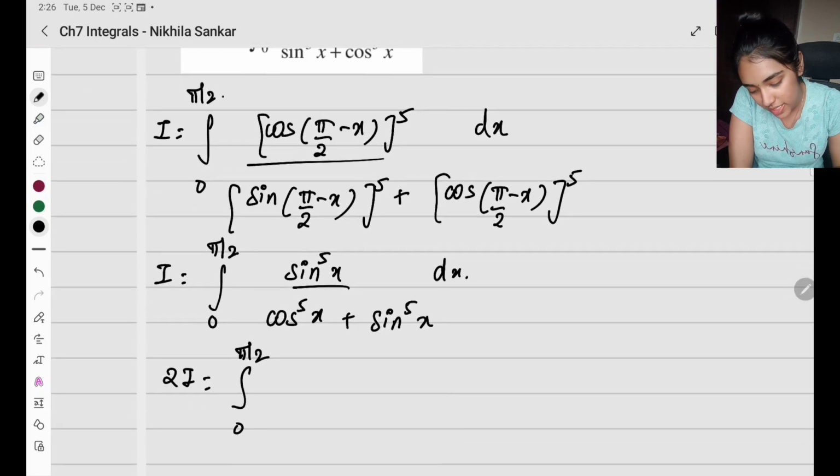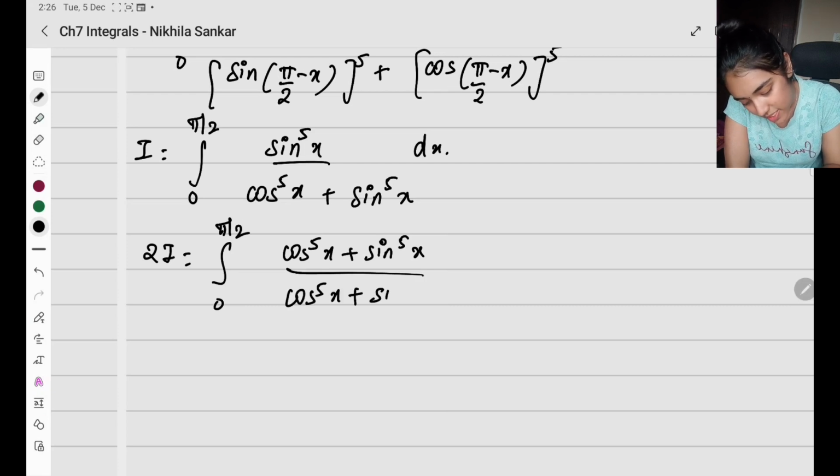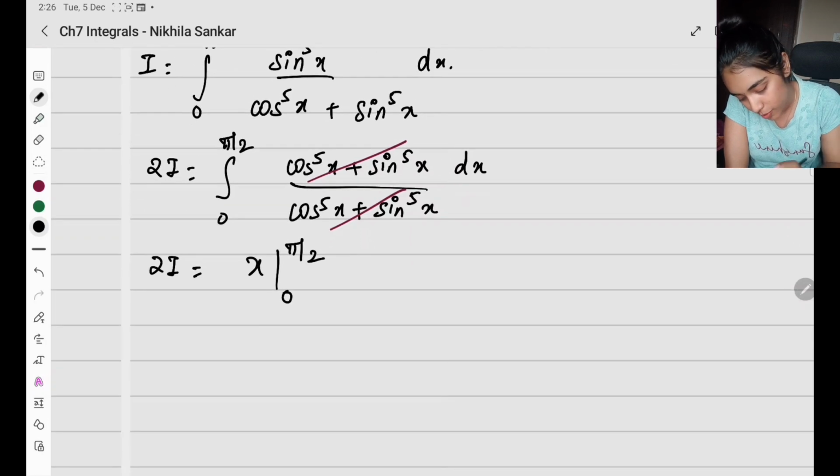Since the denominators are the same, I have cos power 5x plus sine power 5x in the numerator, divided by the common denominator cos power 5x plus sine power 5x times dx. Again, these two get cancelled. So I have 2i equals integral dx, which is going to be x from 0 to pi by 2. So I equals pi divided by 4.